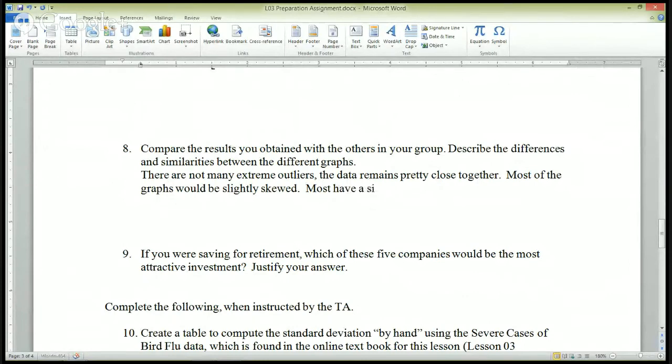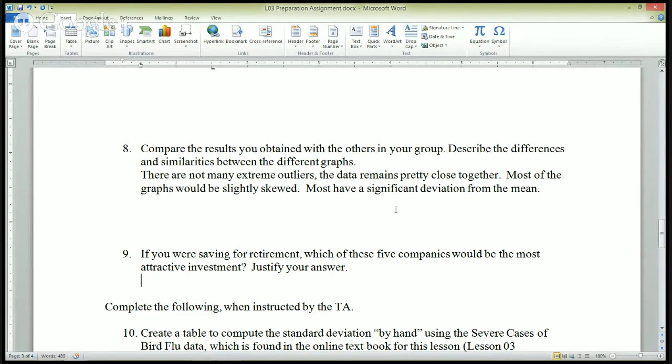And differences? Most of the graphs have a very significant deviation or standard deviation, so a deviation from the mean. So what are the differences?